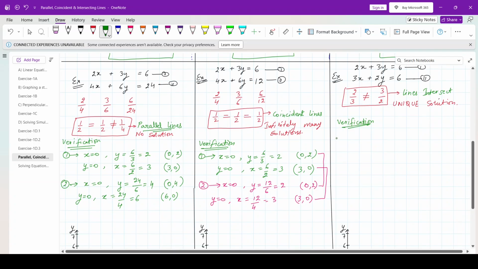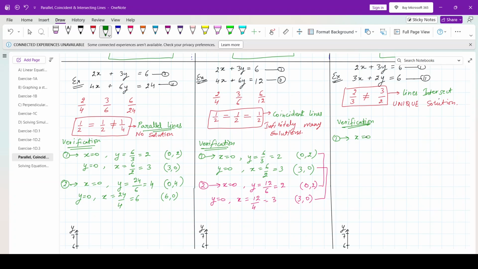So taking equation 1, if we put x is equal to 0, we get 3y is equal to 6. So y will be equal to 6 divided by 3, that is 2, and hence the point will be 0, 2. If we take y is equal to 0, we get 2x is equal to 6, and that will be x is equal to 6 by 2, which is 3, and our point will be 3, 0.